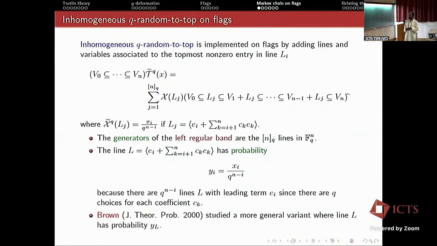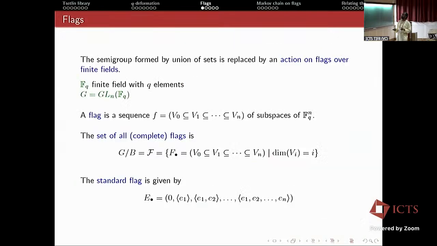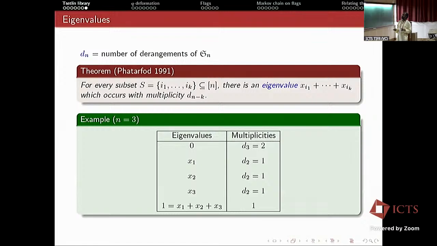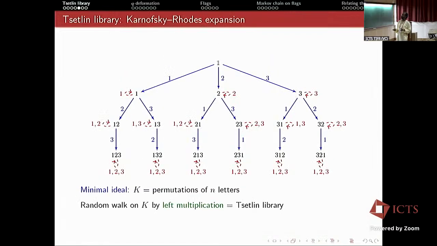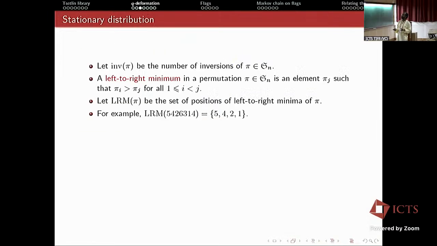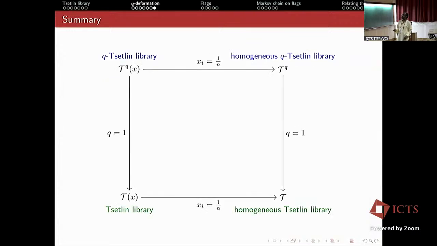Let me go back to the diagram. If I think of type B over here, we have not found the analog of type B in the literature.